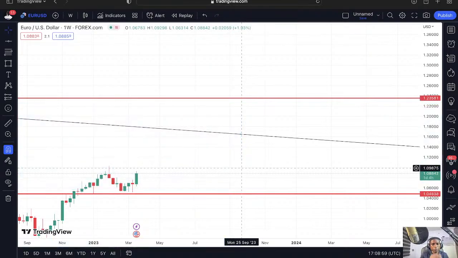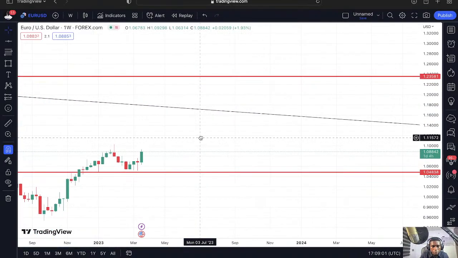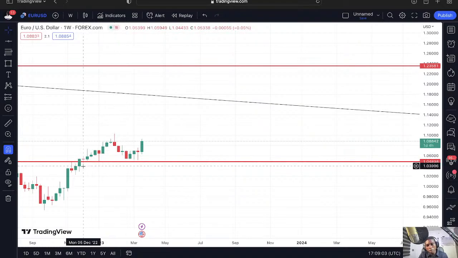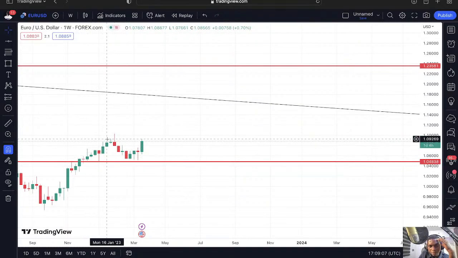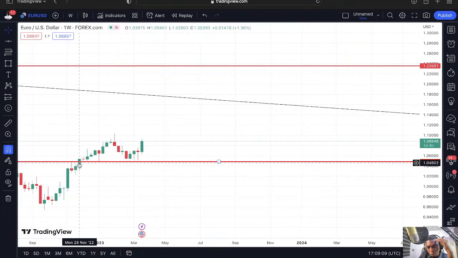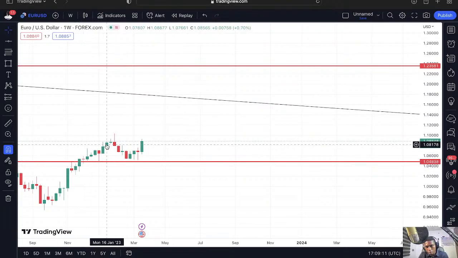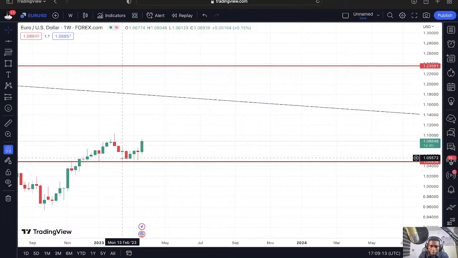If you look at this very closely, you will discover that after price broke into this region and went up, price then came down to the support level again. Now you see the momentum build up at this level, the bullish momentum build up at this level.